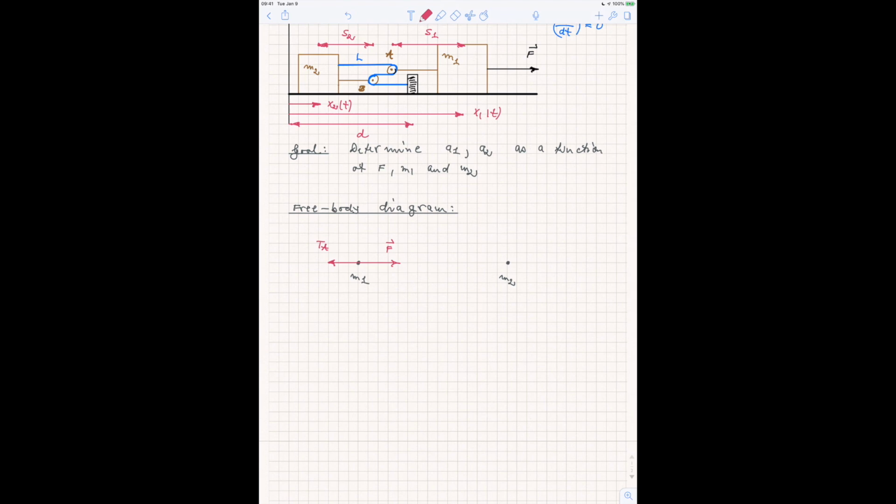On the top, I denote the tension in that string as T. And then the bottom of mass M2 is attached to Pulley B, and I denote this tension in that string here as TB. Okay, let me just move this a little bit closer. So here is a complete free body diagram now for both masses.